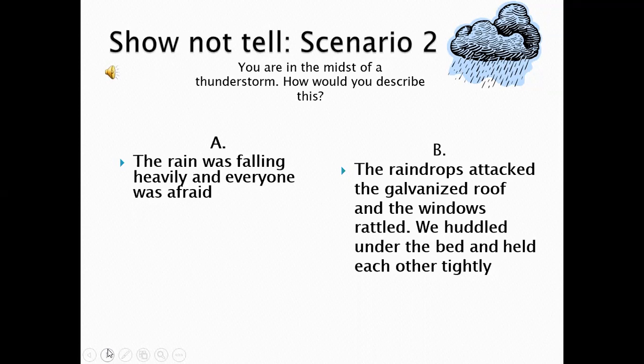Maybe again, ma'am, B. Option B, exactly. Why? Because option A is only telling you that the rain was falling heavily and everyone was afraid. That's just information. But you see how beautifully the second example is conveying the whole situation. The raindrops attacked.